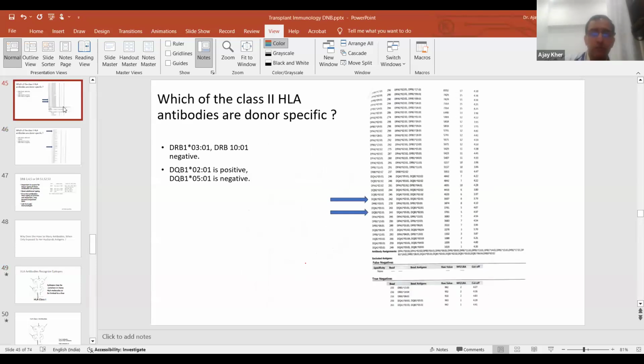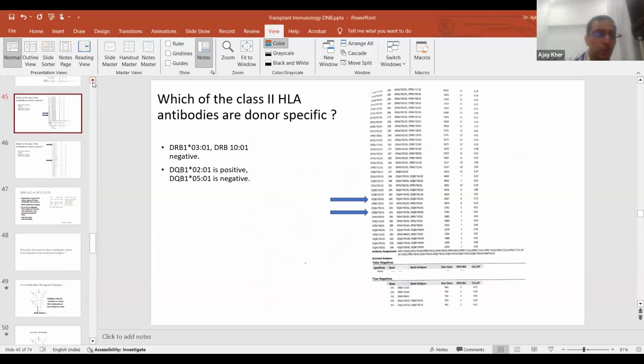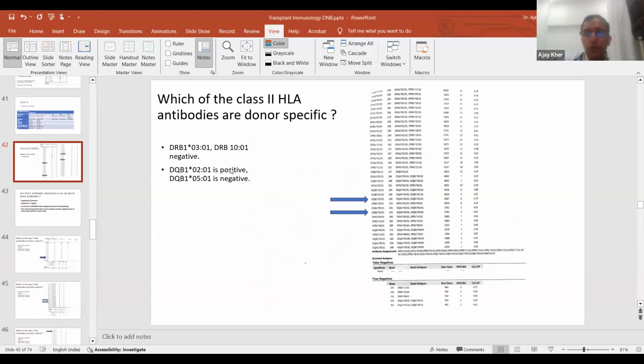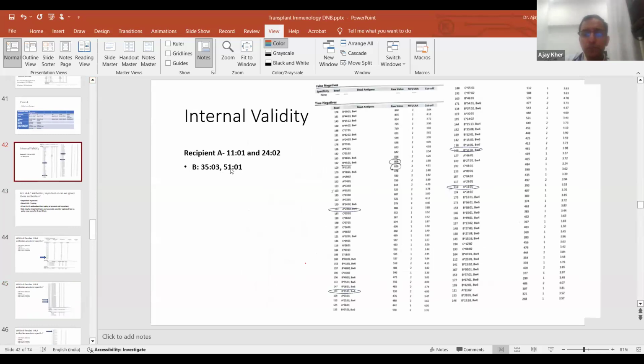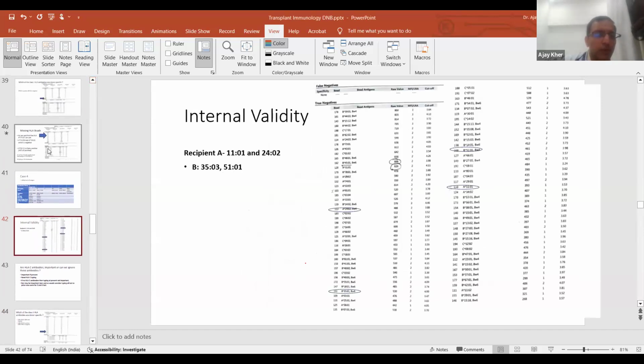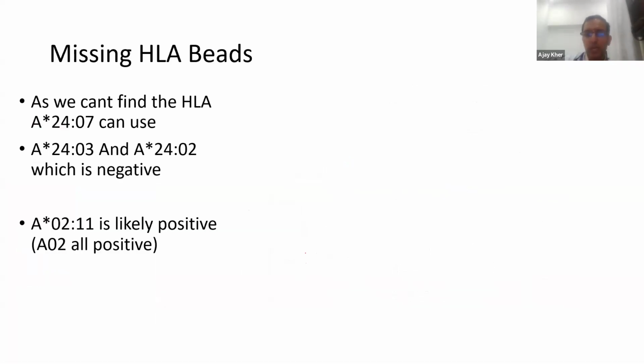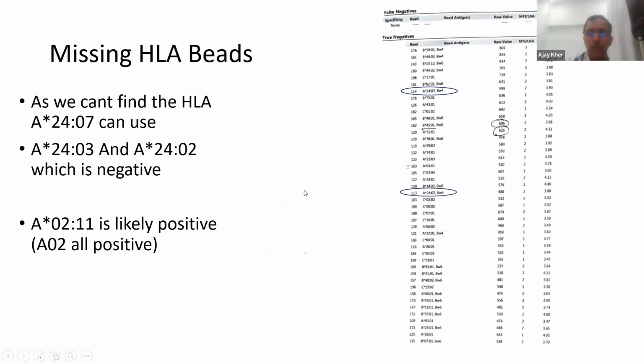I'll use an A, which is easier to go through. I'll show this one here, the one which is positive. So when we look at this report, I hope people can see it. I'll make it full screen as well.